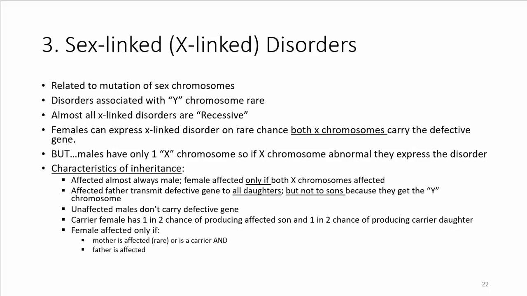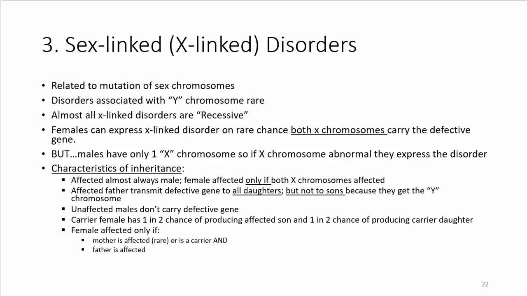So unaffected men just don't carry the defective gene. So if a woman is the carrier, 50% of her sons will have the disorder. 50% of her daughters will be carriers of the disorder.